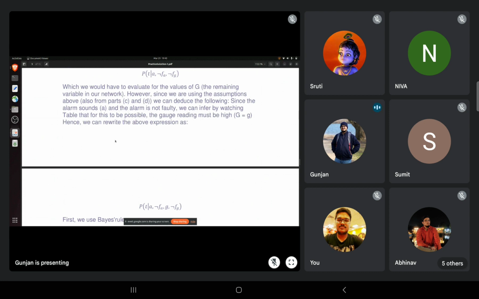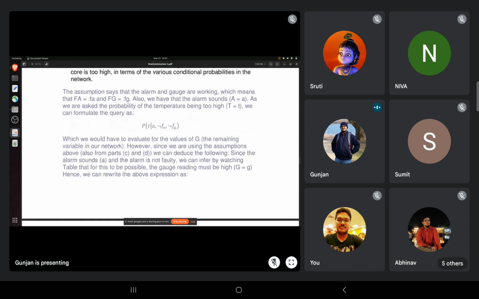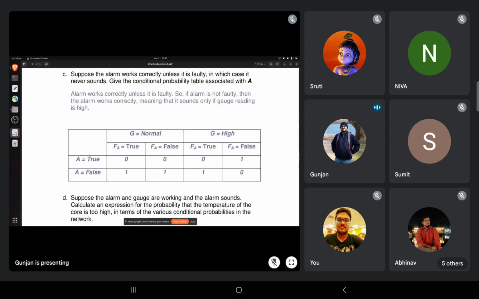But what will be the value of G? What will be a valid value of G in the current scenario? Since we are using the assumptions from the above parts that we just did, since the alarm sounds and the alarm is not faulty, we can infer by watching this table that the gauge is high.